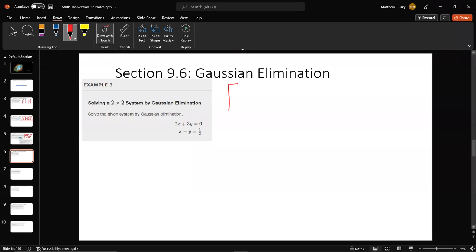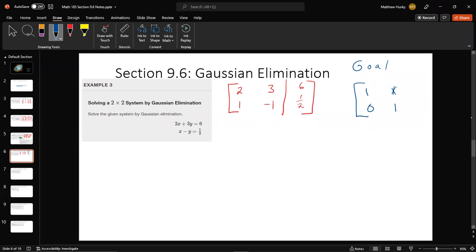If we write an augmented matrix here, we're going to have 2 and 1 for the x's. We're going to have 3 and -1 for the y's. And then we're going to put a line, and then we have 6 and a half. So the goal is to have 1s on the main diagonal and a 0 down here, and then this will be something, and this will be something.